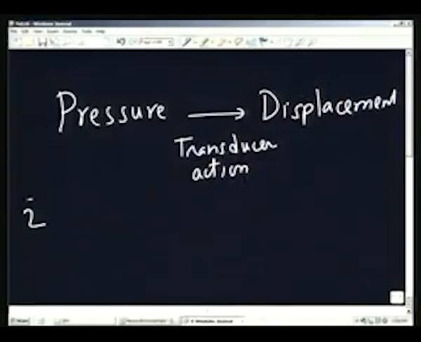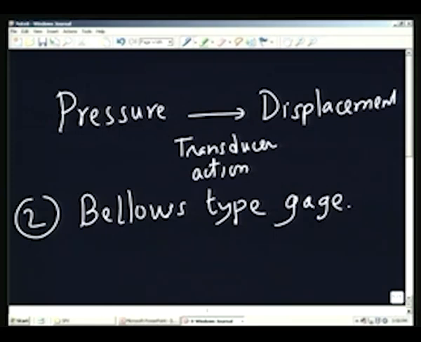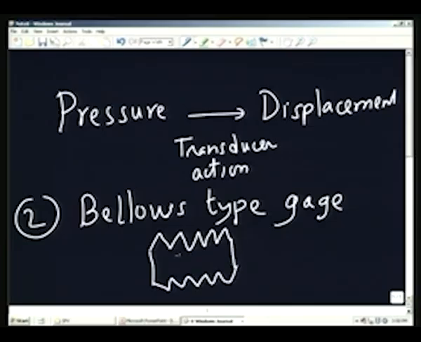The second one corresponds to what is called a bellows type gauge. In fact, we briefly referred to it earlier. In the bellows type gauge, we have actually a bellows which is very familiar to us. It is a tube with an accordion type shape.